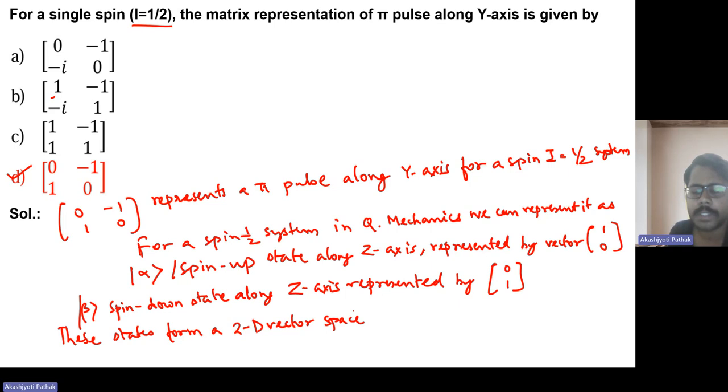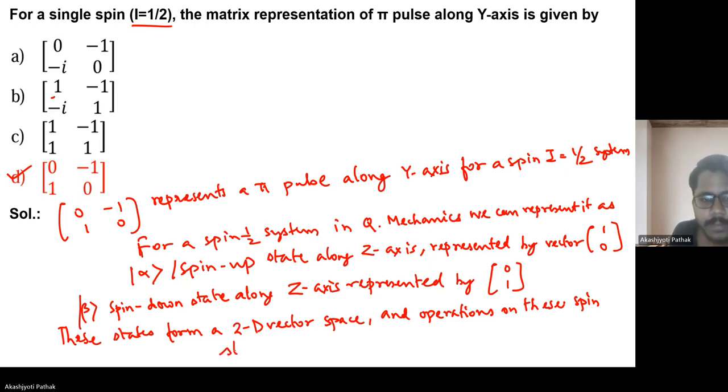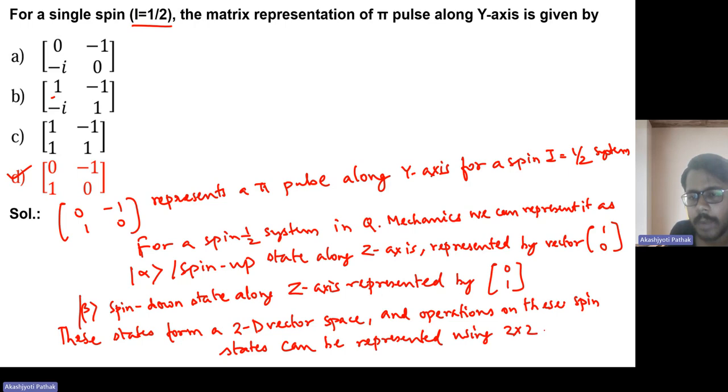These states represent a two-dimensional vector space of spin states, and operations on these spin states can be represented using 2 cross 2 matrices, right? Okay.